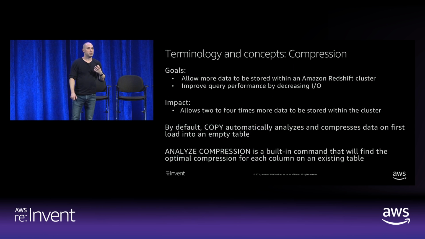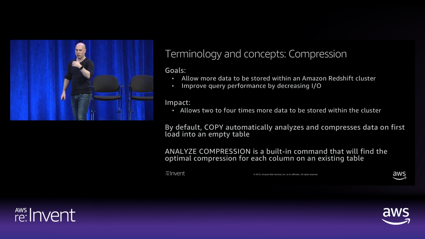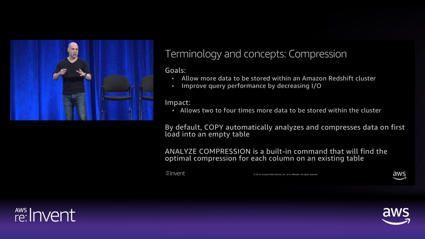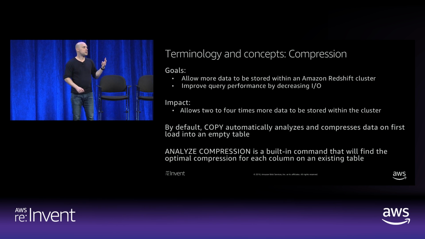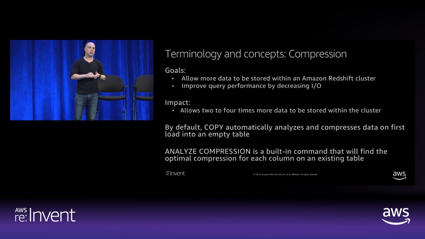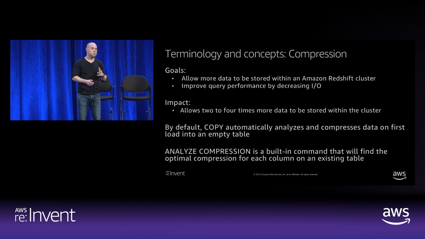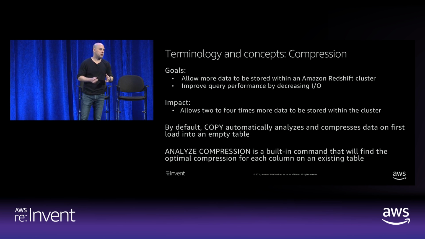The next piece of terminology is compression. Sometimes we'll use the terms compression and encoding interchangeably, so if you hear me say encoding or compression, I'm really talking about the same thing. This really does two things for you. The first is that compression allows you to store significantly more data in your Redshift cluster. Typically, we see somewhere between 3 and 4 times compression.